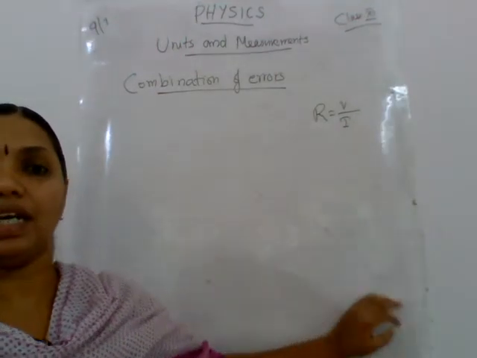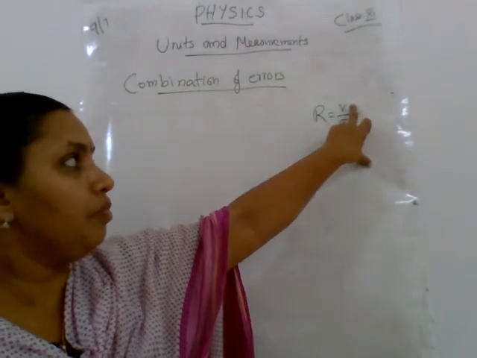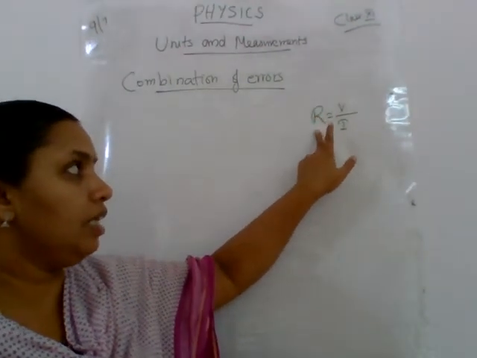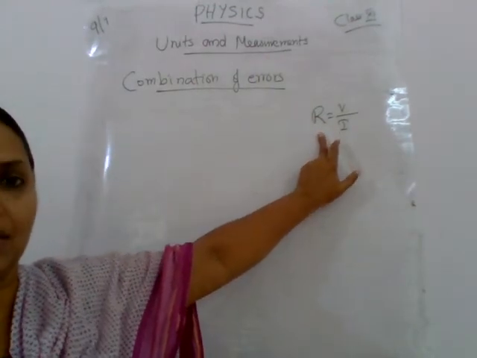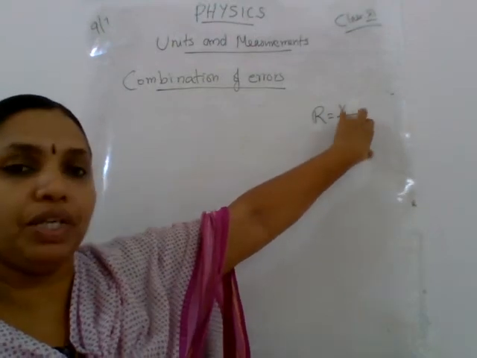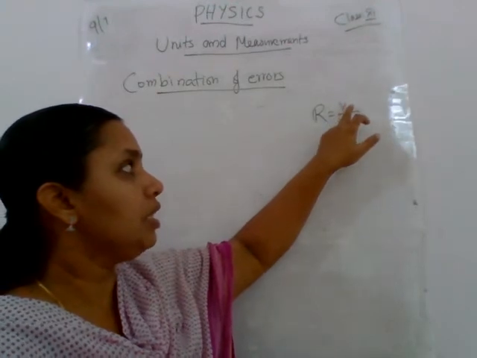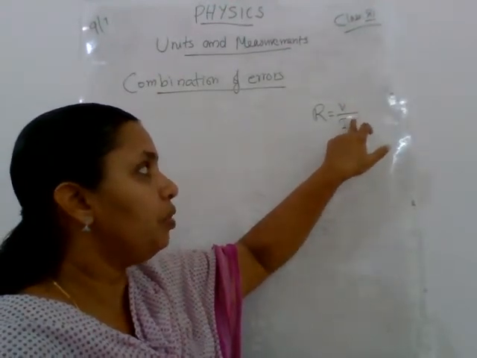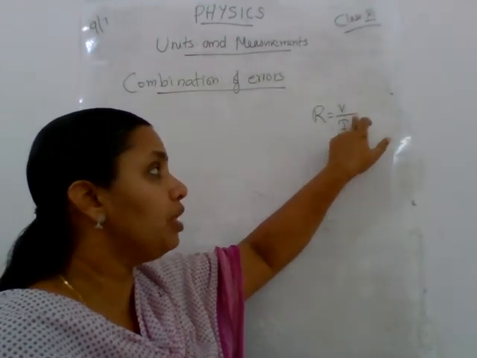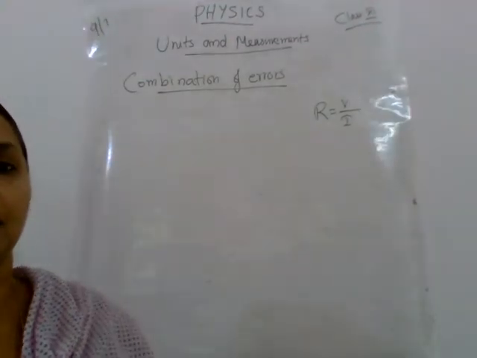Voltage and current are the measured values, isn't it? So if there is an error in voltage and an error in current, how does that affect the final result, that is resistance? Resistance is the ratio between voltage and current, so it is division. This value divided by this value gives you the resistance. So if there is an error in both quantities, how is it affecting the final result?